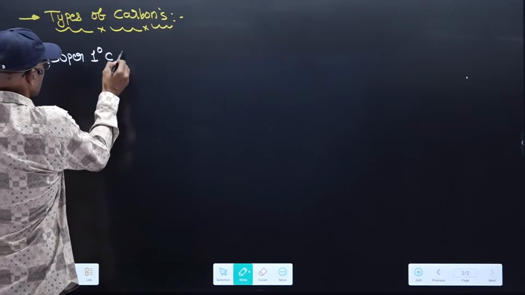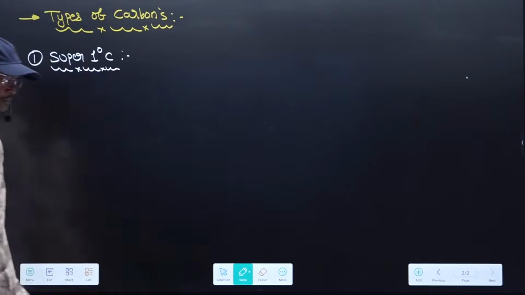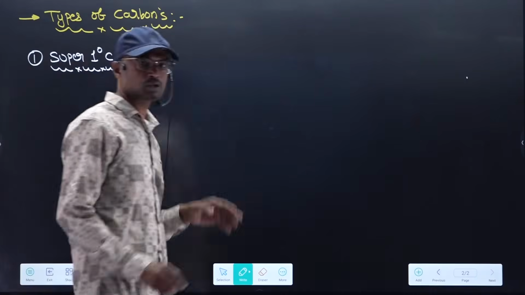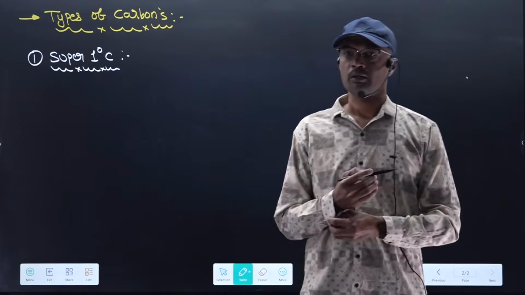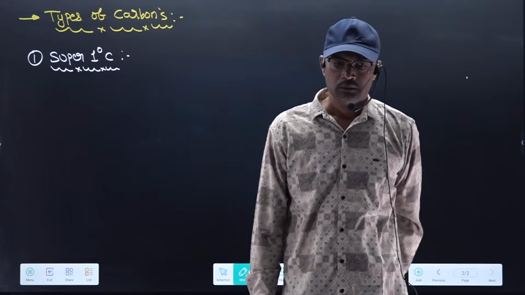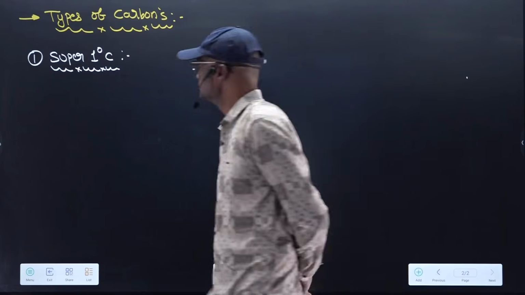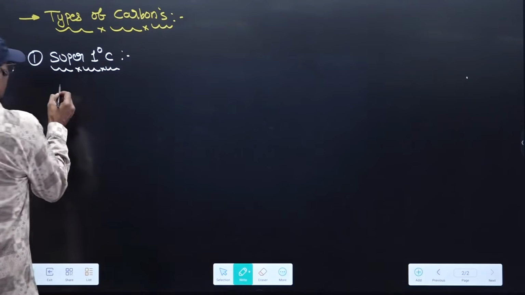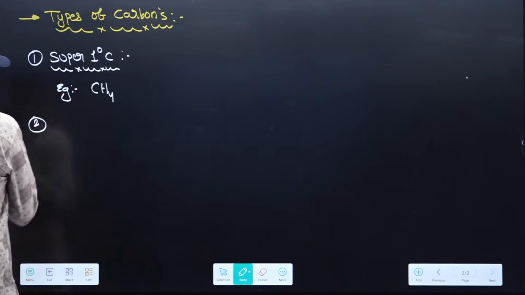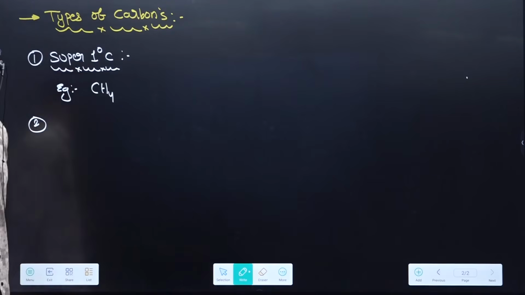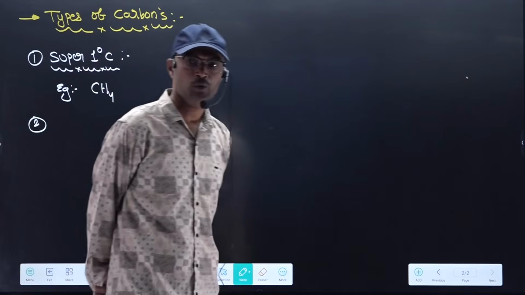Carbon attaches to only hydrogens. Can you give an example? CH4. Only one example is there, CH4. Carbon attaches to only hydrogens. That is super primary.